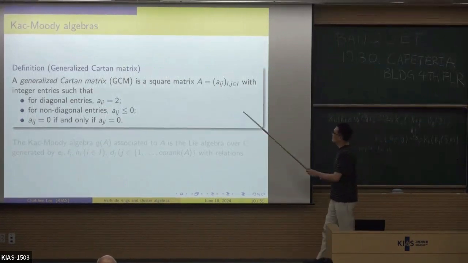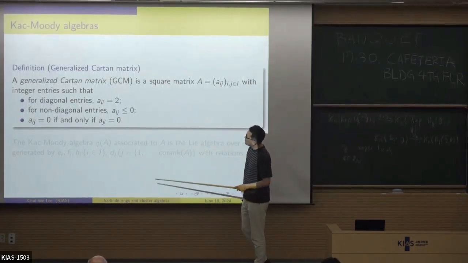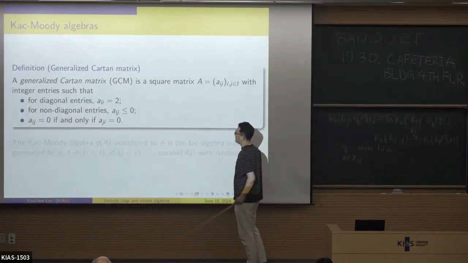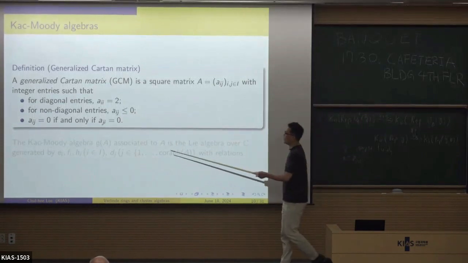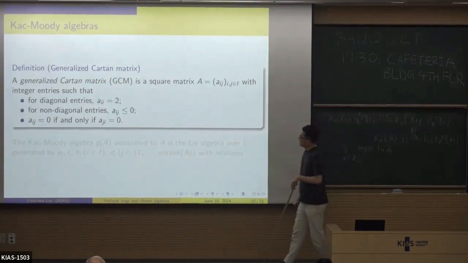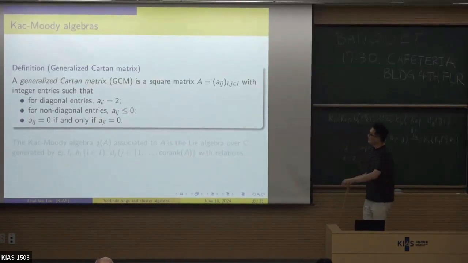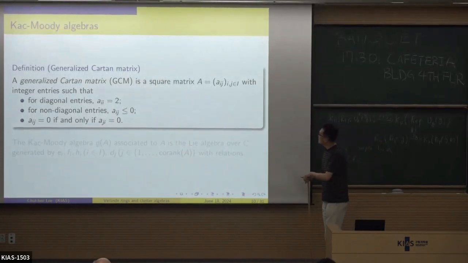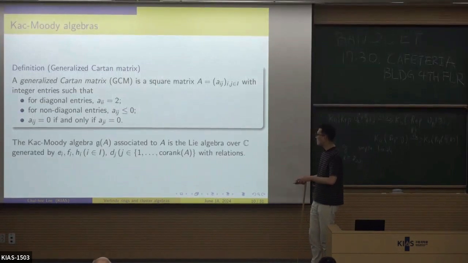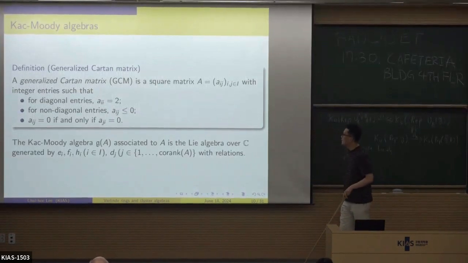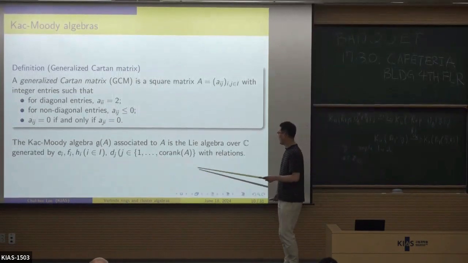This is a square matrix with integer entries, and on the diagonal we put 2, and the non-diagonal entries are non-positive, and a_{ij} = 0 implies a_{ji} equals 0. So these are pretty loose conditions, so we can find many such matrices. And for each such matrix, we can define a certain Lie algebra over C using generators and relations.